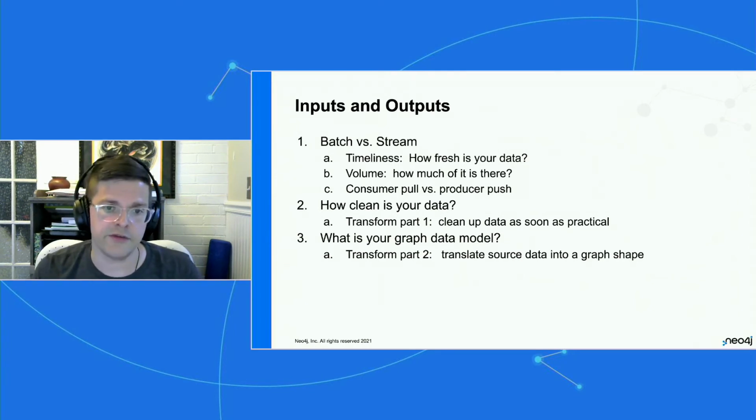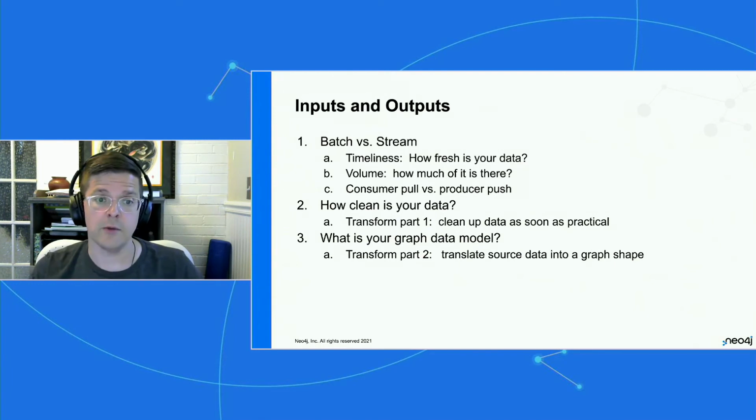The third consideration is what your graph data model is. So when we do graph data integration, a thing that slips people's minds sometimes is that since the data is usually coming from a non-graph technology, let's just say it's a data warehouse or Postgres, something like that, implicitly, whenever we move this data, we're doing a formalism transform, where we're changing the data from tables into graph, or we're changing it from JSON documents, for example, into graph.